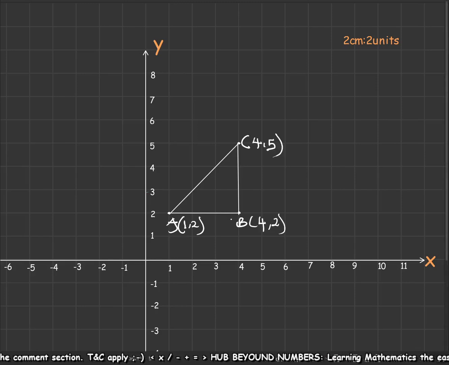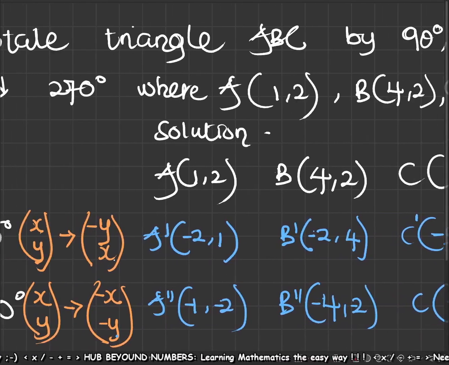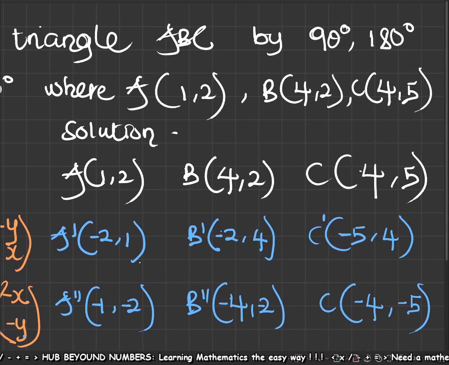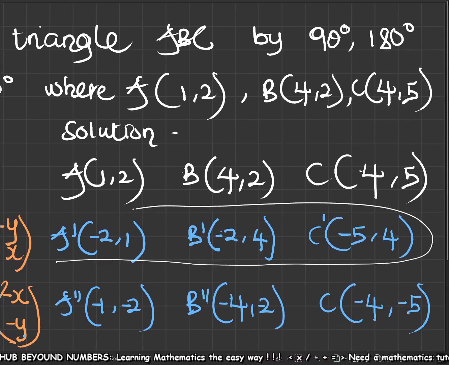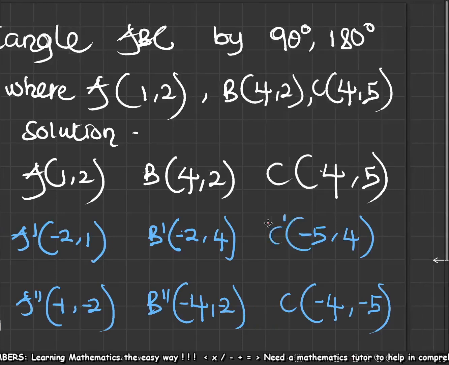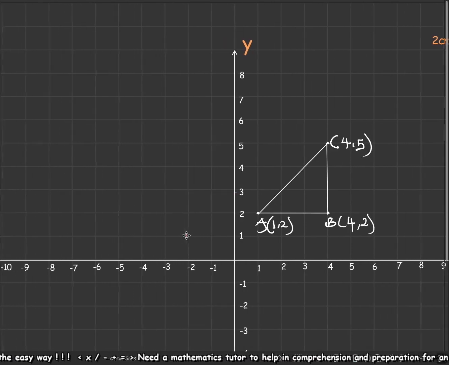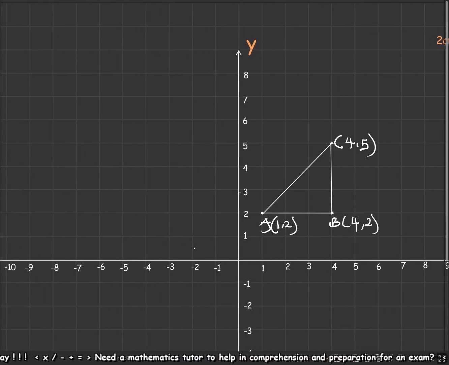Now with that done, we go on to what? Our transformation. The first one was over 90 degrees. And these are its coordinates, you see. So we are going to plot that. A1, B1, and then C1. So the first one, which was A1, was negative 2, 1. So negative 2, 1.